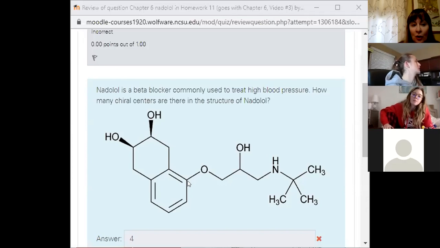No, because it's in a double bond, right? So that carbon cannot be chiral. How about the one down here? No, because of the double bond. This one? No, because of the double bond. And the same is true for all the carbons that make the benzene ring. They cannot be chiral because they're attached to a double bond, right?